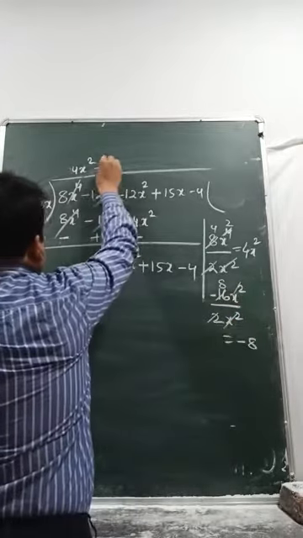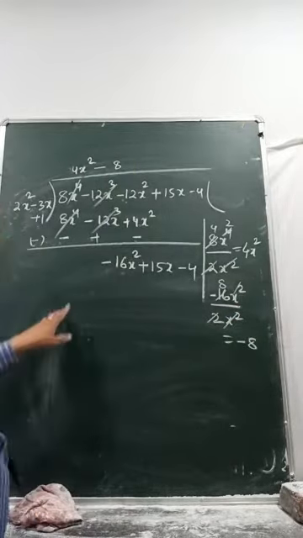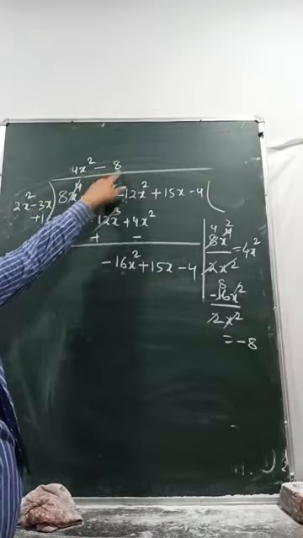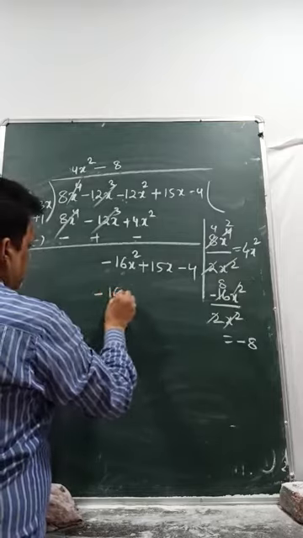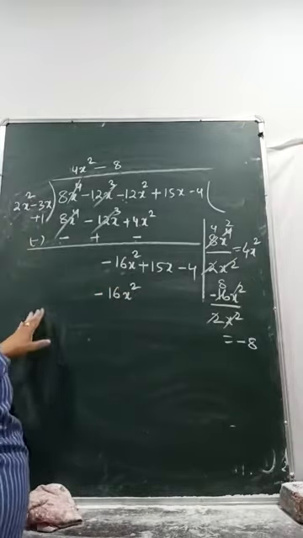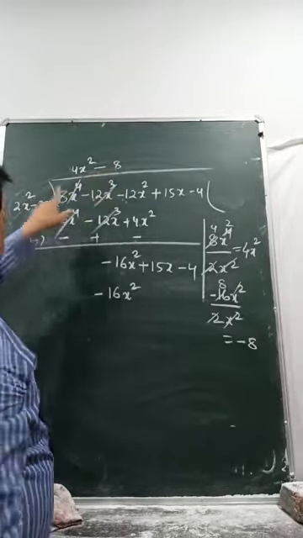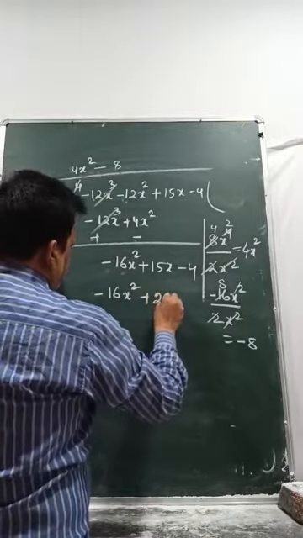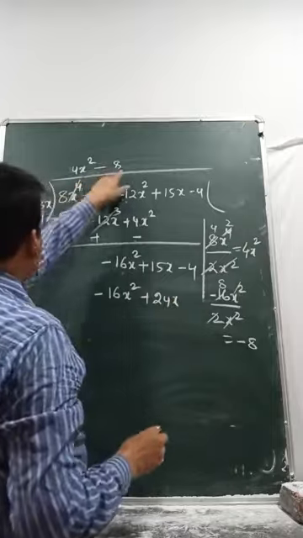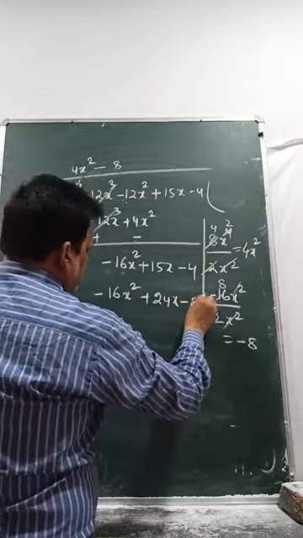I have put minus 8 here. So minus 8 into 2x square is minus 16x square, then minus 8 times minus 3x is plus 24x, and minus 8 times 1 is minus 8.